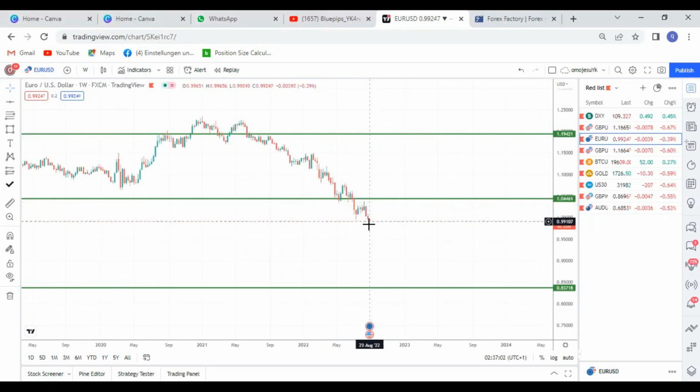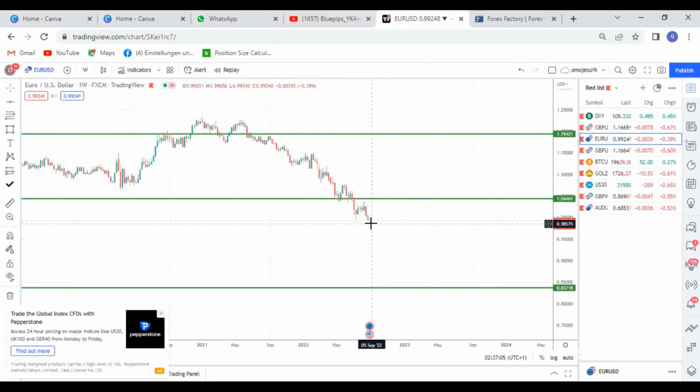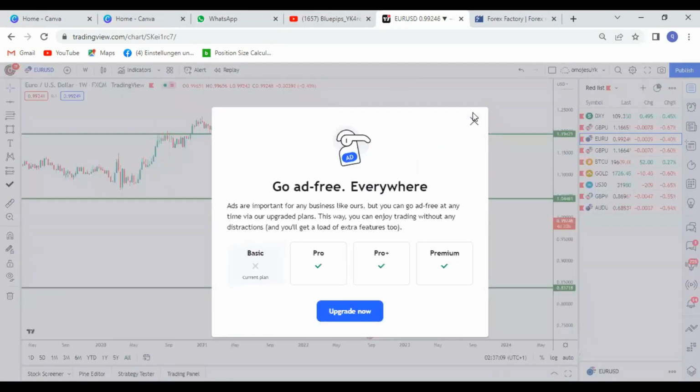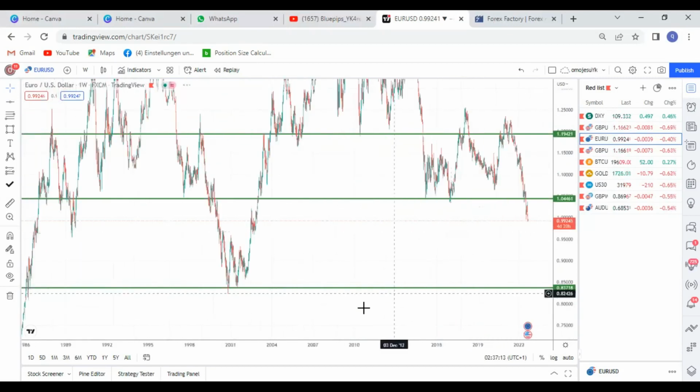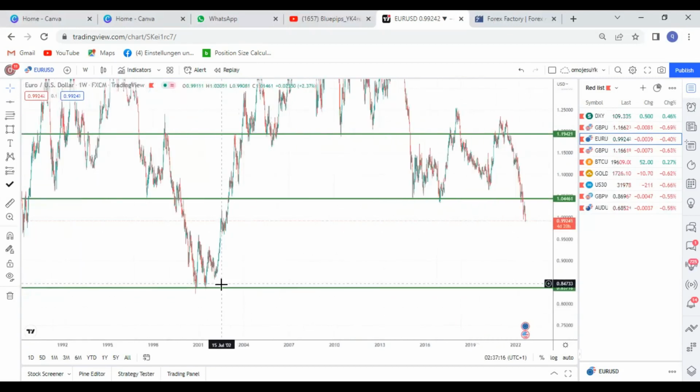So what I'm expecting on this market is to sell all the way to this place. I'm expecting Euro selling all the way down here. We can see this is the next support.